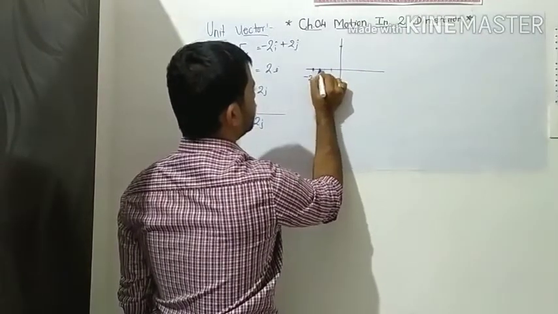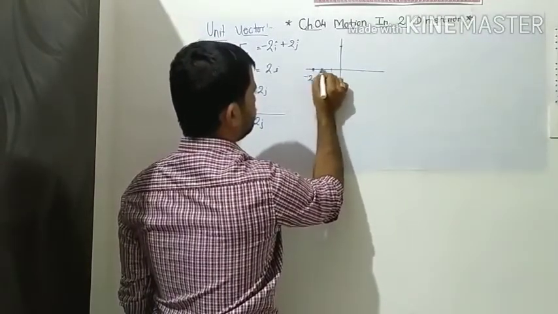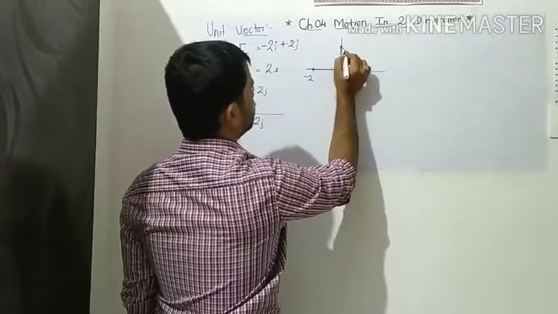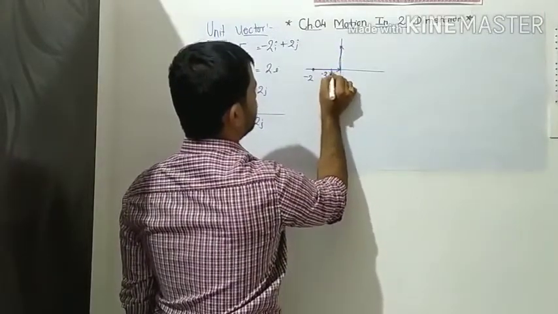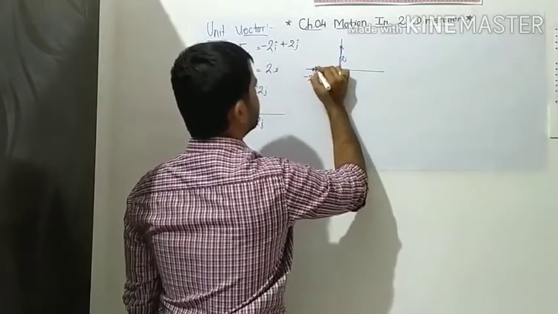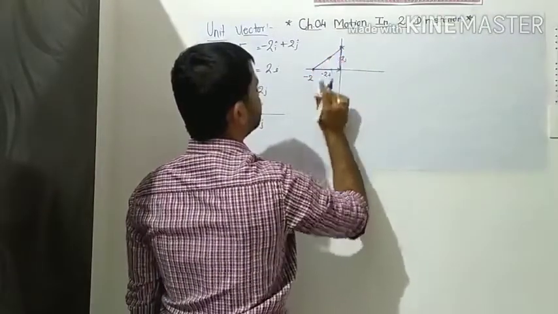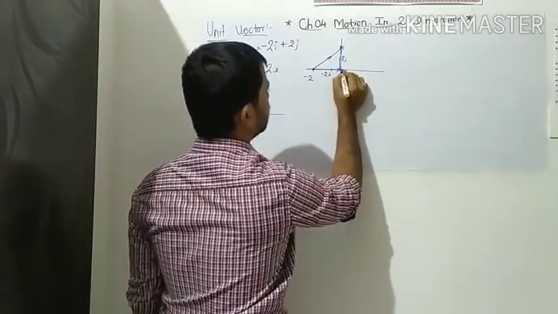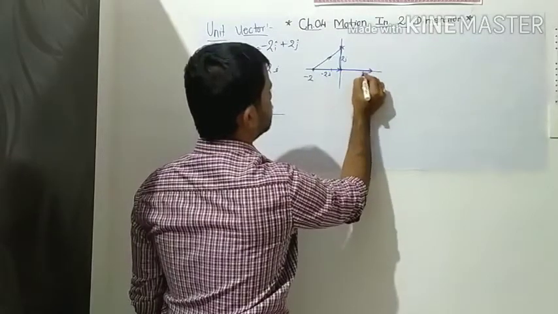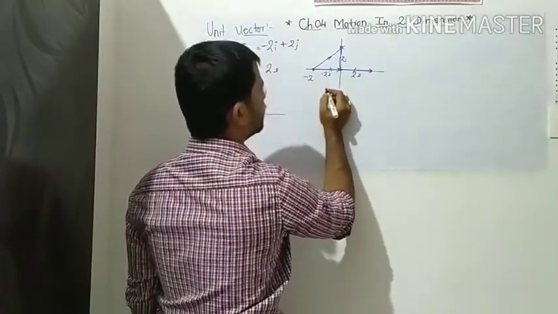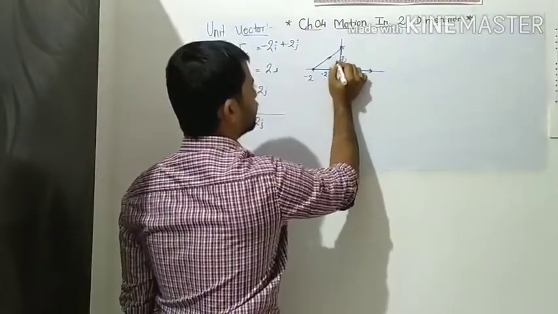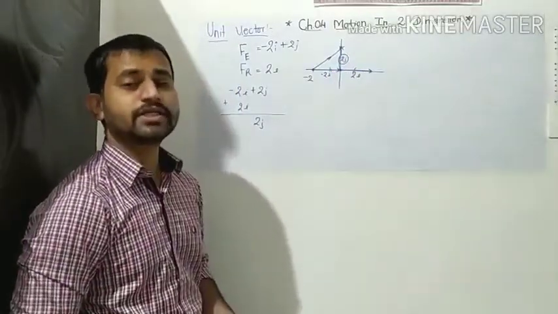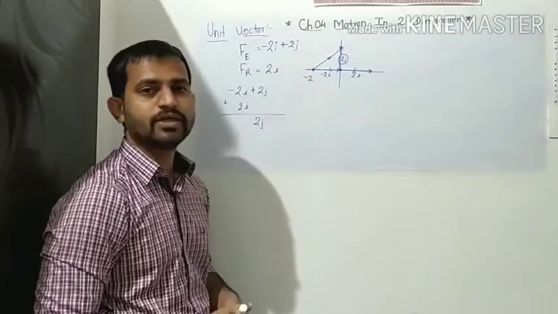This vector, minus 2i plus 2j, will give us the resultant, and plus 2i will be in this direction. So these two directions get cancelled and we get the resultant only along 2j. Only this 2j remains, and this 2j represents the resultant.